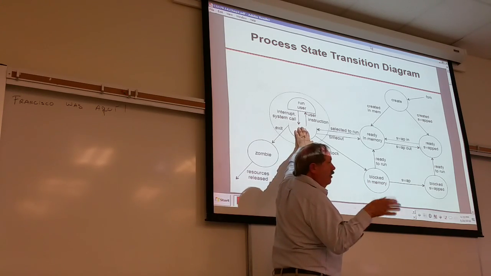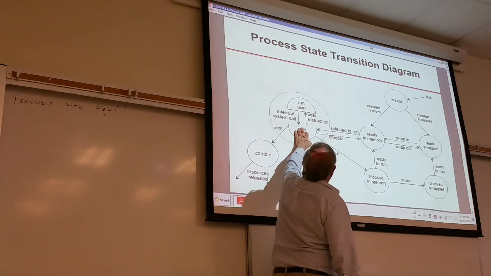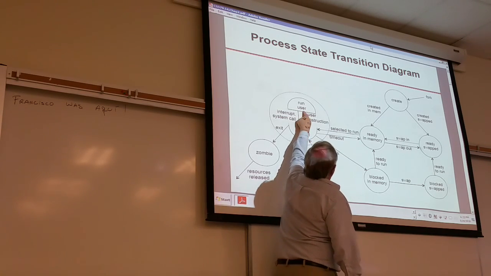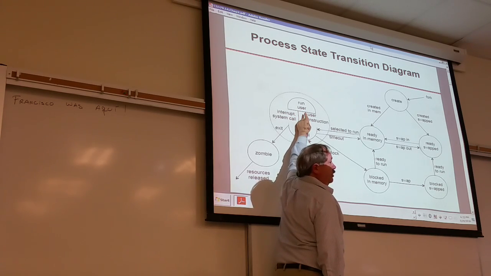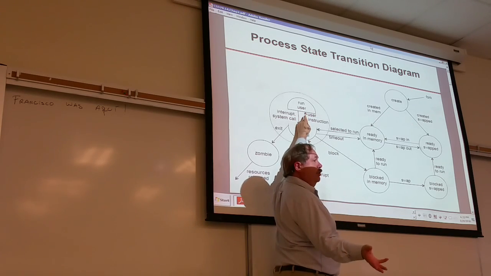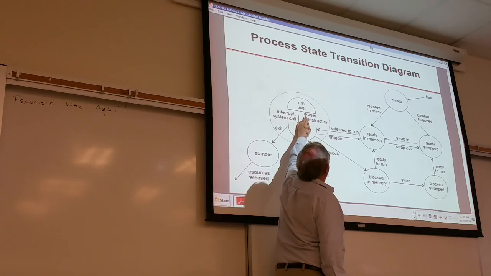Once it's done all of that administrative stuff, it will then transition to the run user mode state. Okay, putting the CPU into user mode and start executing your instructions that you programmed it to do.